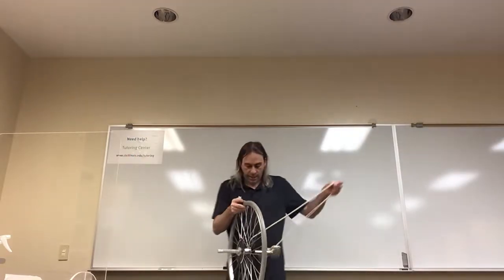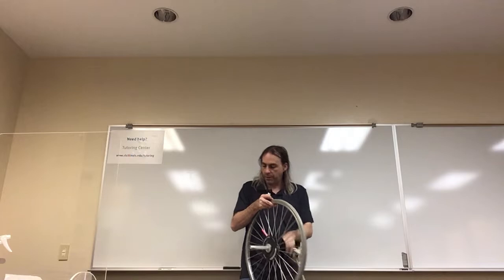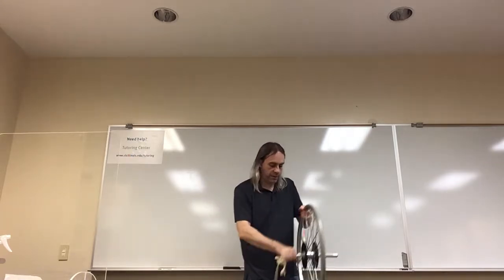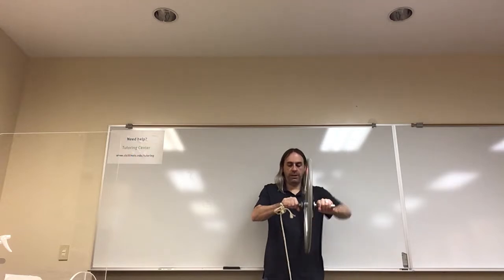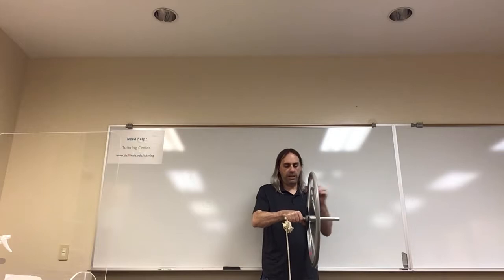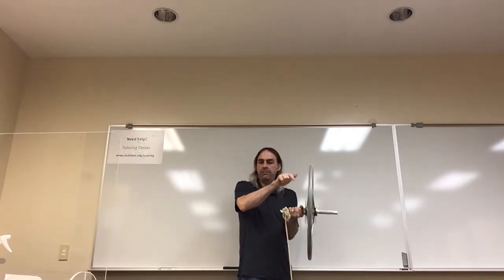Let me see how I'm going to actually do this experiment. I think I'm going to hold it. I can hold it like this and crank it this way. Okay, so it's spinning this way. So let me draw that.